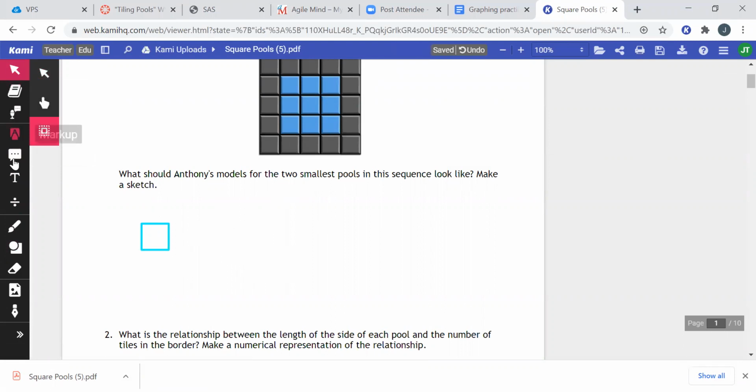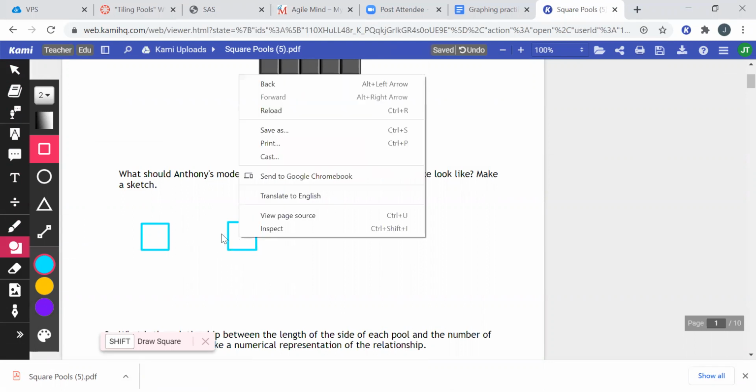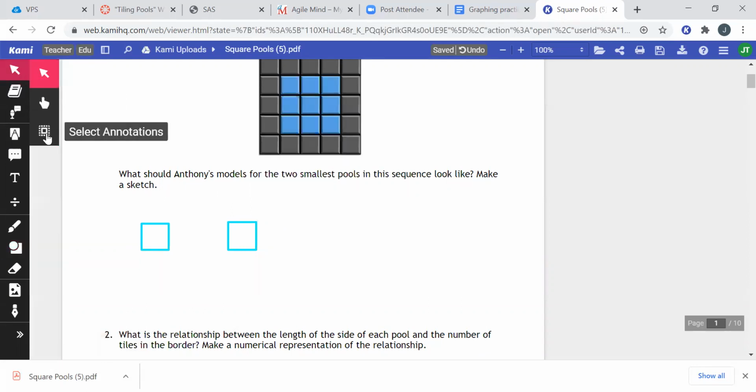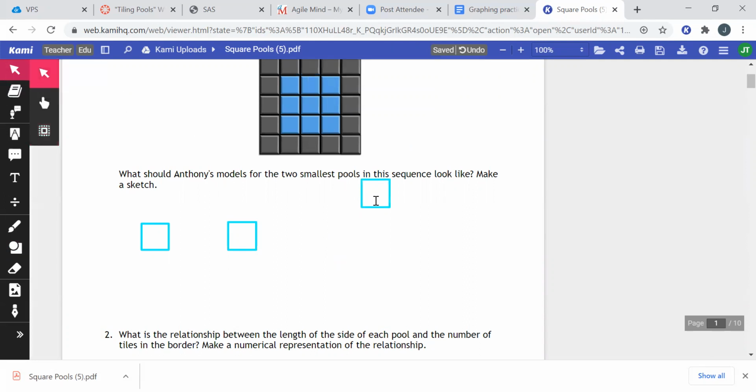And the other one that we had was a 2x2 square pool. There's one square. I wonder if I can copy you. Control C, Control V. Now I can move y'all. Ugh, these things are too big.